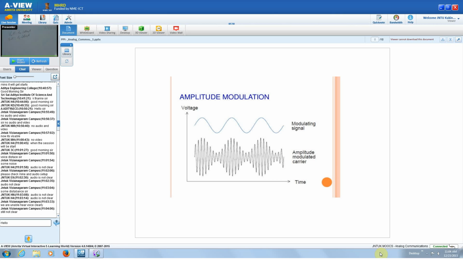So when you multiply these two, we get the signal VM AC cos omega m t into cos omega c t.